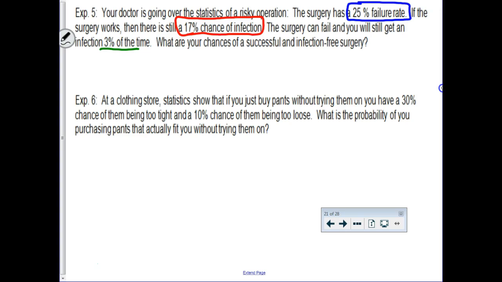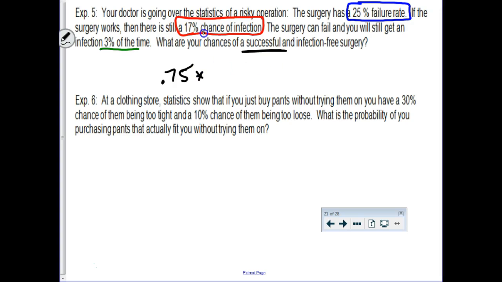So we're going to have to do some multiplying together because these are not independent events. They're dependent on one another, but we have probabilities that go along with if this happens, then this happens. So successful surgery: there's a 25% failure rate, find the complement to that. So it's going to succeed 75% of the time, so 0.75.